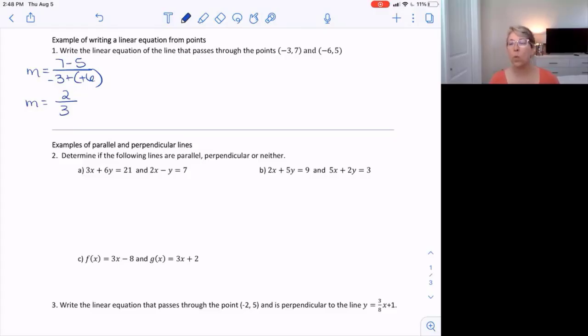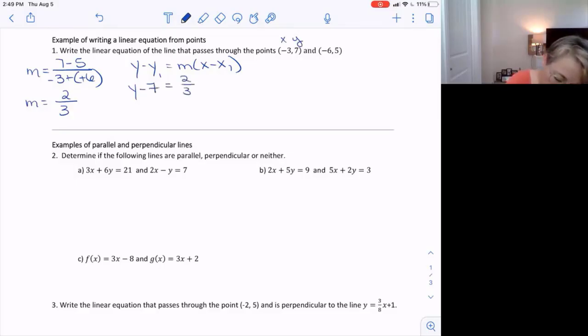Neither one of those points is the y-intercept. How can we tell? Neither x is 0. So none of those land on any of the axes, as a matter of fact. So we can use the point-slope form, and we can plug in for any of these points. Let's just use the first guy here, -3 and 7. So I'm going to plug in a 7 for my y1, 2/3 times x minus a -3 for my x1.